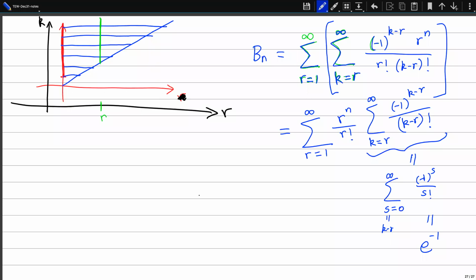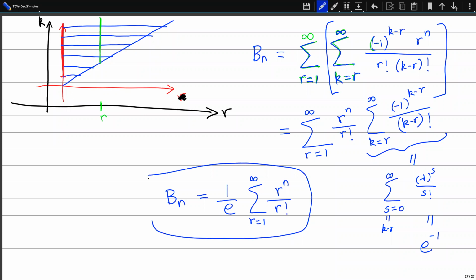So the answer therefore, this is very strange. This is some really mind-blowing formula for the Bell numbers. It says that it is just 1 by e times the summation of r power n by r factorial.